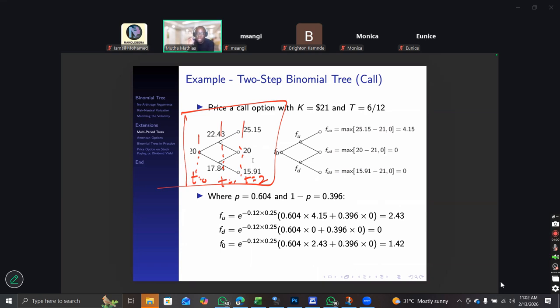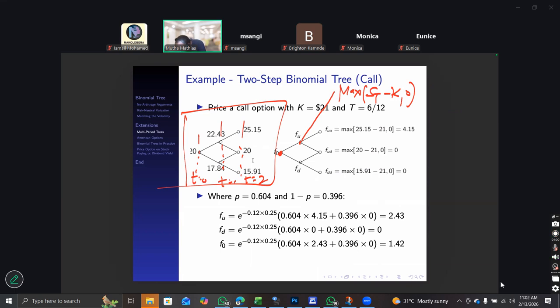Now I need to find the f, which is actually the value of the options. How do we do that? The idea is the same. This is what we need at the end of the day. Like in Fu, how do we get Fu? We get Fu by taking the maximum between ST minus K, because it is a call, and 0. So look at Fu.